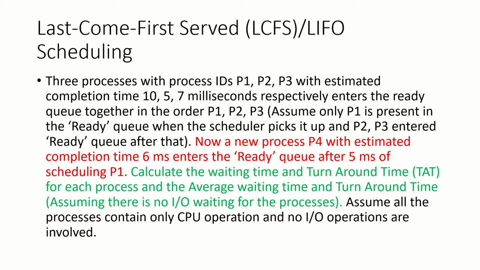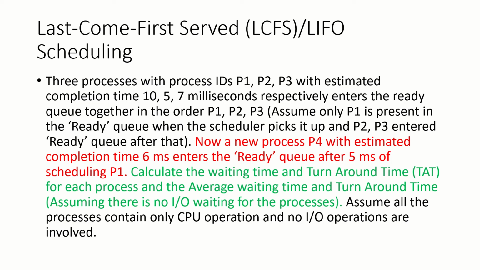Unlike the last problem, here we have three different points to consider. First, let us see the first point. Three processes with process IDs P1, P2, P3 with estimated completion times 10, 5, 7 milliseconds enter the ready queue together, but their order is P1, P2, P3.